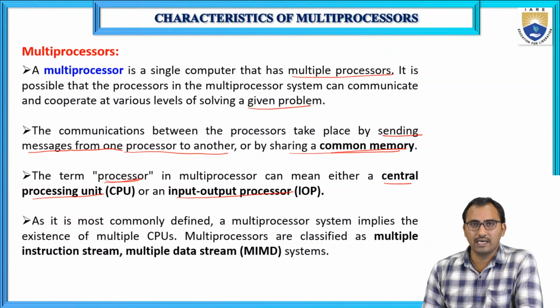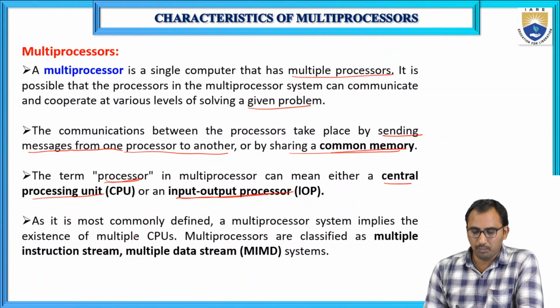We connect several IO devices with the CPU, so sometimes we read data from the input device, and similarly we can send data to the output device. These are the two operations performed with IO devices, and they are performed by the IO processor. As it is most commonly defined, a multiprocessor system implies the existence of multiple CPUs.